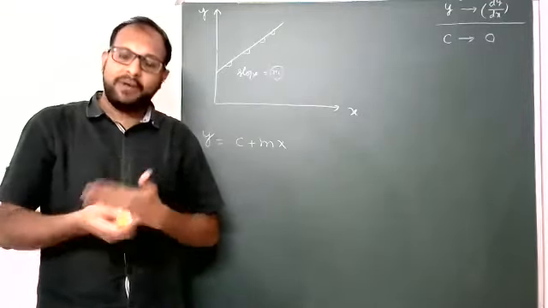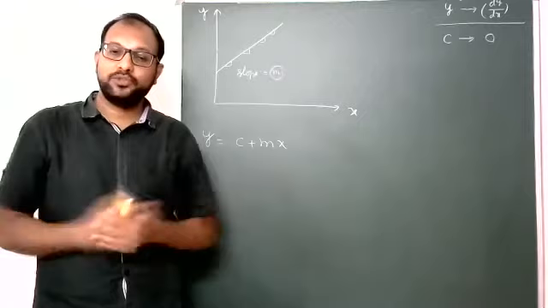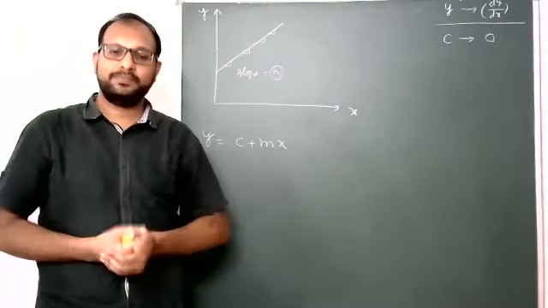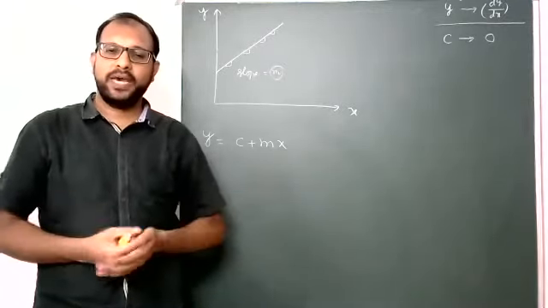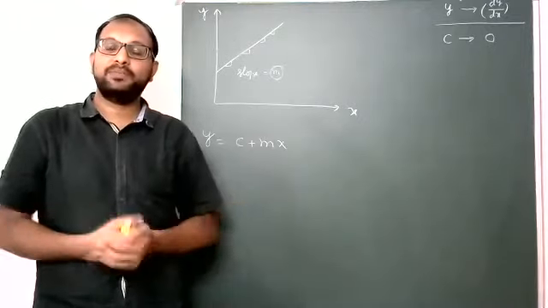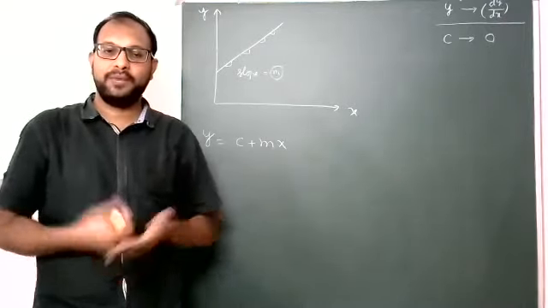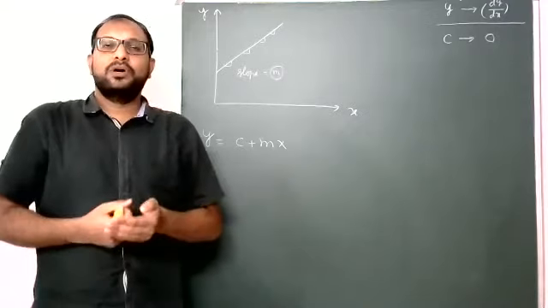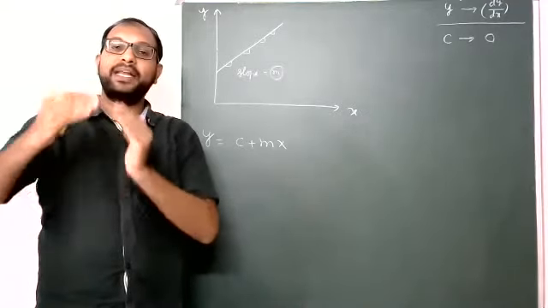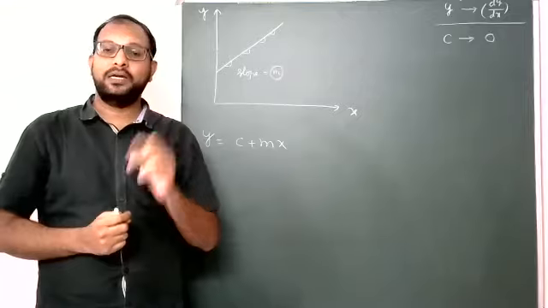Maybe a second power is involved. Y equal to, suppose, x square, students, that is a parabola. Y equal to x square, 3x square, y equal to a plus bx square, ax plus bx square, many are there. So yes, as the power of x increases, that becomes a curve.